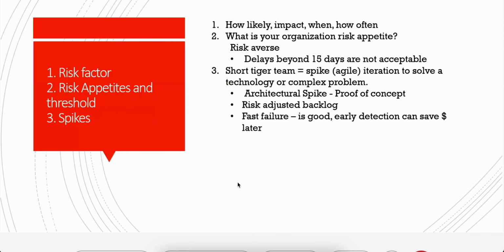Risk factor. So risk factor has to do with impact. And that's very important, this word impact. Impact goes with probability. So let's say the probability of a storm hitting Houston is 20%, which qualitatively is low, right?